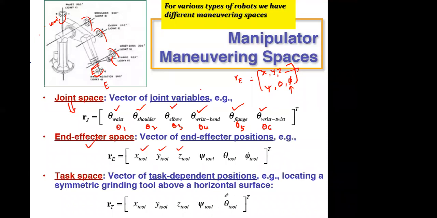If you have a tool on a horizontal surface, it can have x, y, z, then phi and theta. So it has 5 degrees of freedom, because the horizontal surface restricts the tool. If another direction, the vertical, is also restricted, then it can have 4 degrees of motion. So the task space is further reduced. That space is called the maneuvering space, how you perform your task for your designated work.